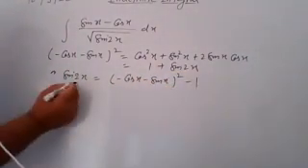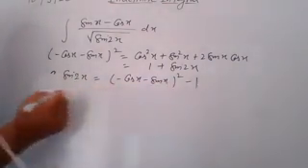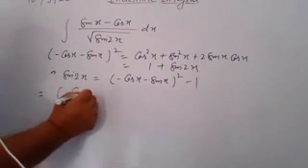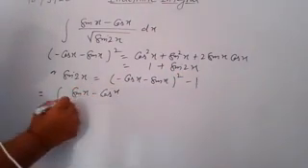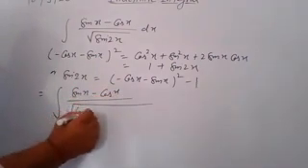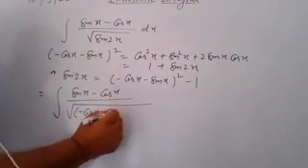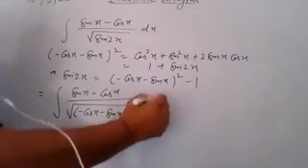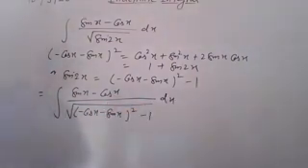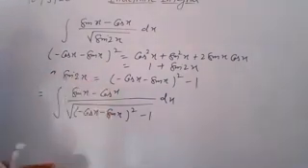In place of sin 2x, you write this. So your integral becomes (sin x minus cos x) divided by under root of (minus cos x minus sin x) whole square minus 1, dx. You can write in this way. Son, did you understand this step?